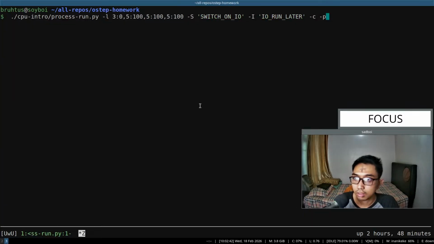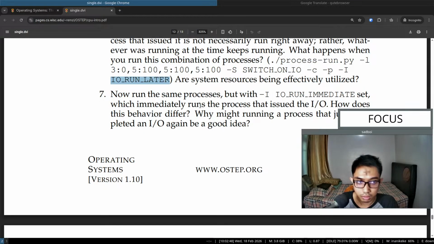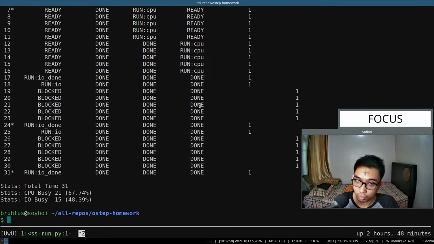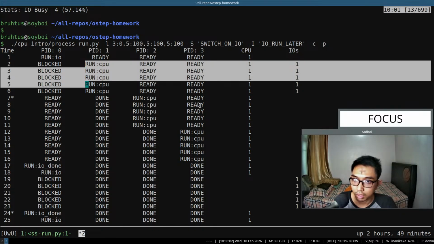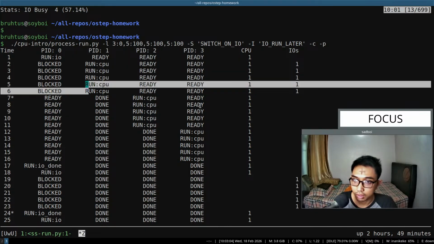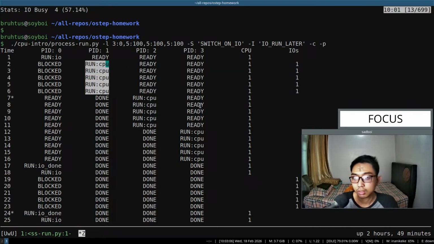Alright. Let me check. Switch on. Okay. Input-output, okay. Block. And then running the CPU, right? And then this is done.